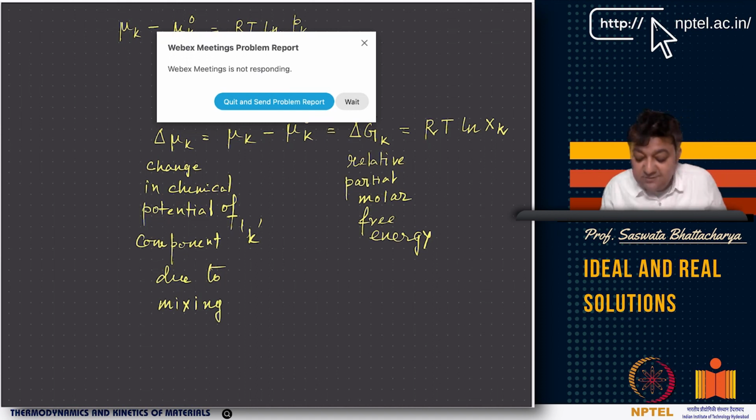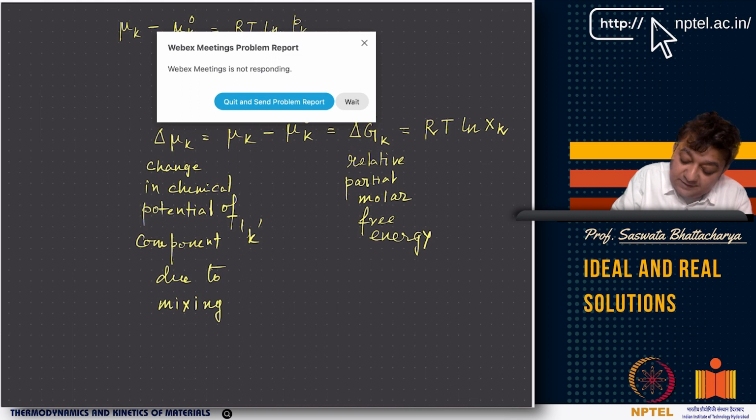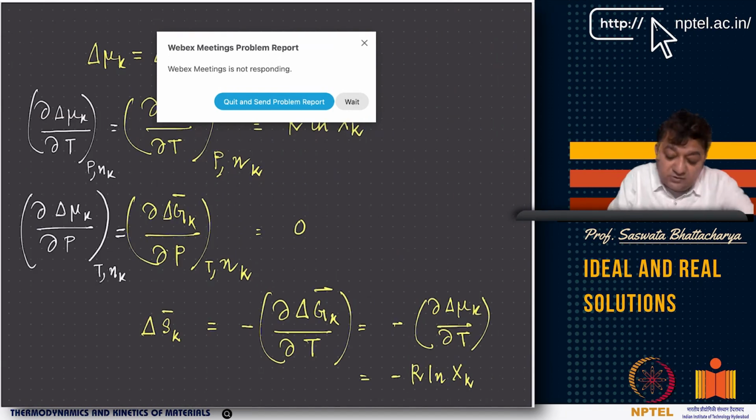It is nothing but RT ln xk, because Pk by P equals xk, the mole fraction of component K. So delta mu K, which is delta Gk bar, is RT ln xk.